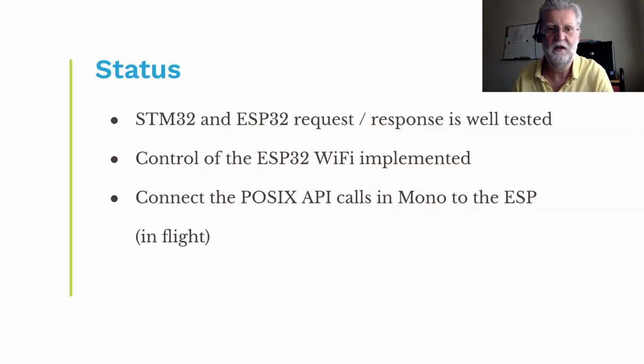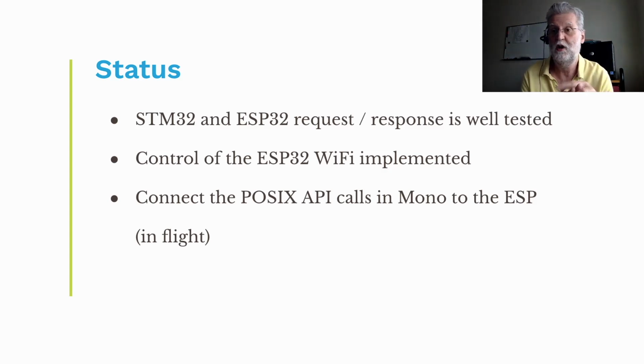Okay, so the current status of the system: you've obviously seen there that the low-level methods are working. And as we discussed earlier, the NuttX system is presenting a set of POSIX APIs back through to the calling application, in our case the platform abstraction layer. So we've got the STM32 ESP32 request response system that's now well tested.